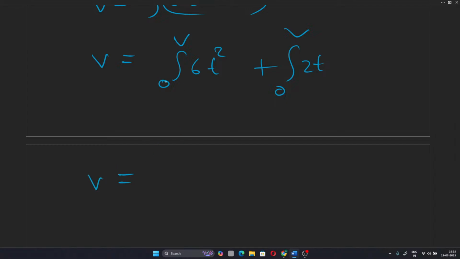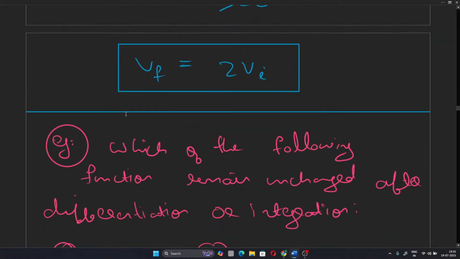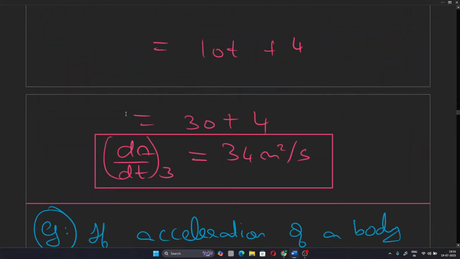v equals 6 will come outside, and the integration of x to the power n dx will be equal to x to the power of n plus 1 by n plus 1.